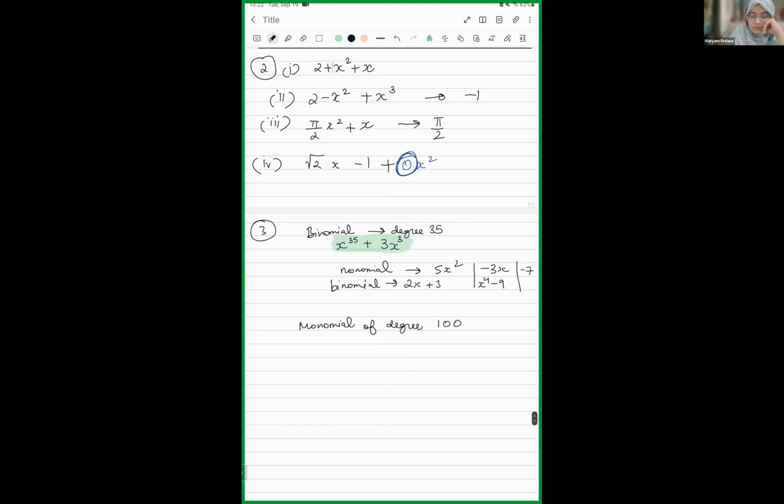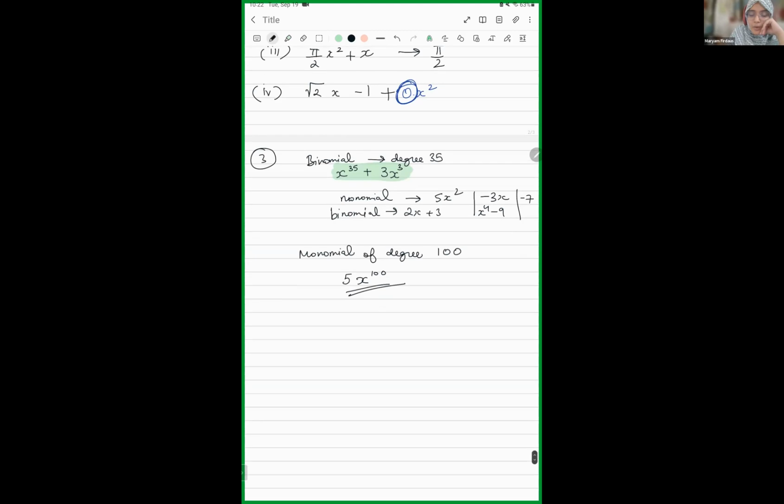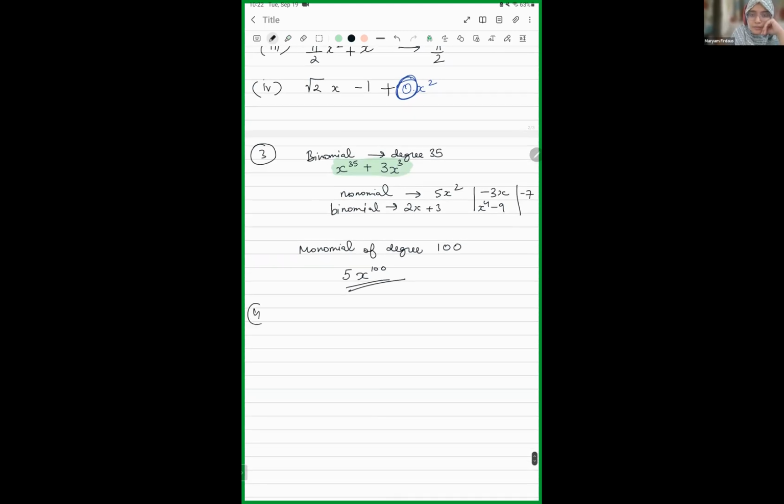It will be x to the power 100. You can say x to the power 100 or you can say 5x to the power 100. Any of these will be fine. Okay, now let's come to the fourth question.